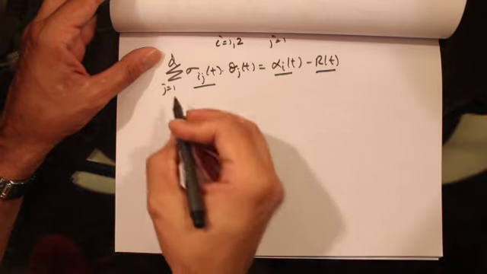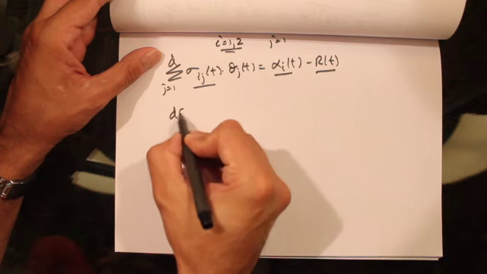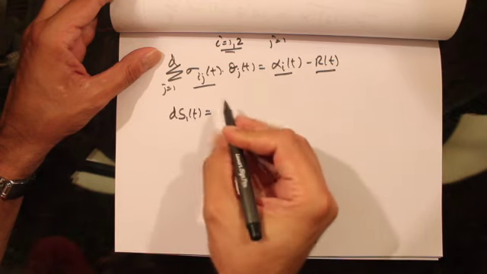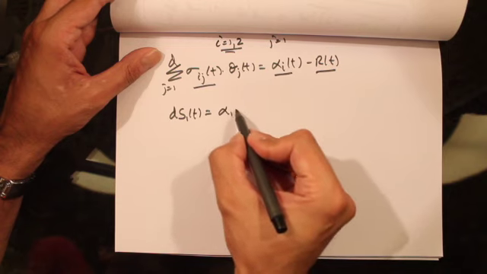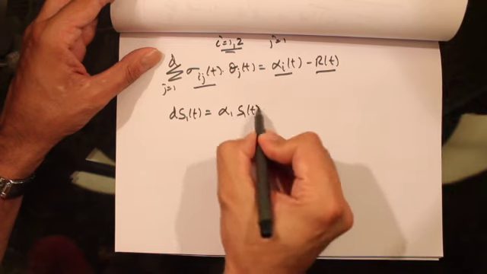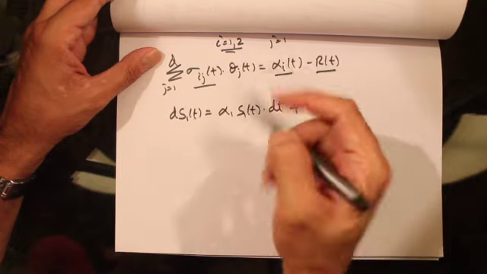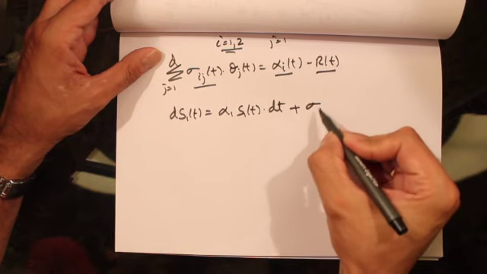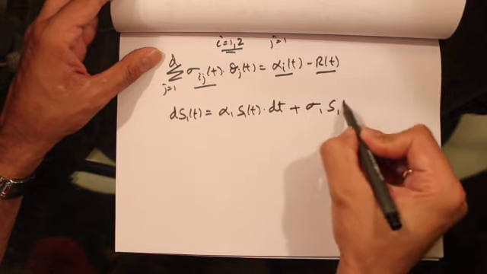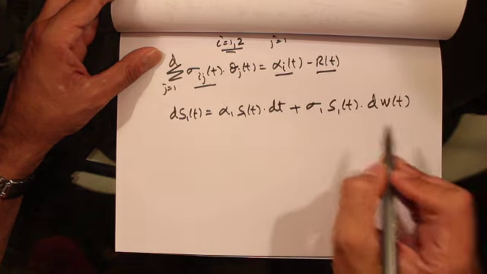So we can write the differential for these two stock processes. We can write them as dS1(t) equals alpha 1, which is constant, times S1(t) dt, plus we have a single Brownian motion driving it, so we're going to have sigma 1, which is also constant, times S1(t) dW(t).